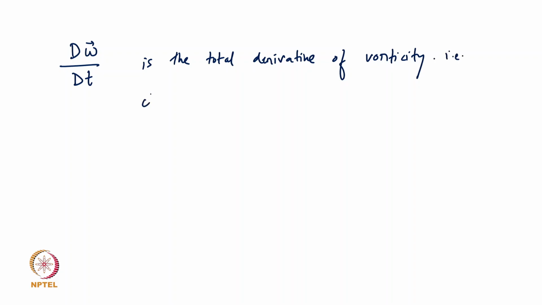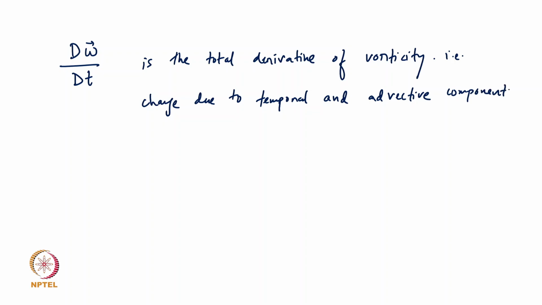So this is the total derivative of vorticity. This is the change due to both temporal and advective components.